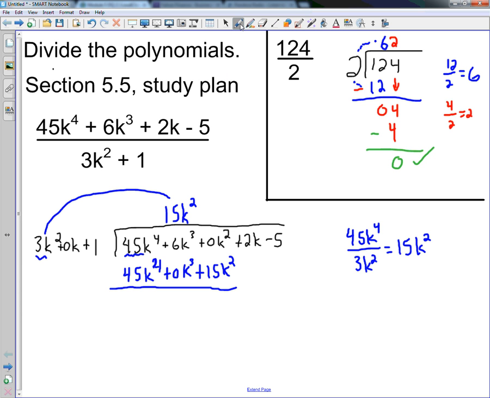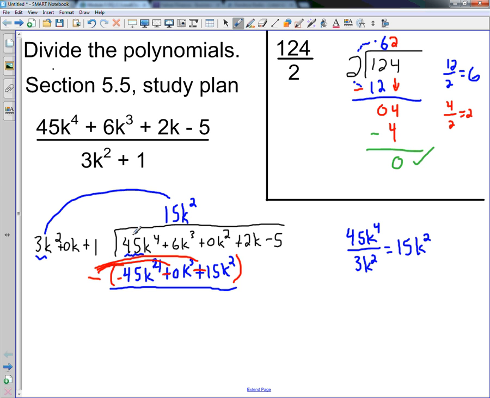Now I'm going to subtract, but what ends up happening is we're actually subtracting this entire part. So when I subtract it, I need to distribute it in, which means that all of these are going to change signs. This one's going to become a negative 45. This is a 0. It doesn't matter for the 0 since it's not going to change anything. But in the back, we end up with a minus 15k squared. So when I subtract these, we get 0.